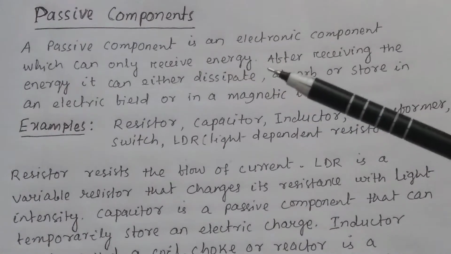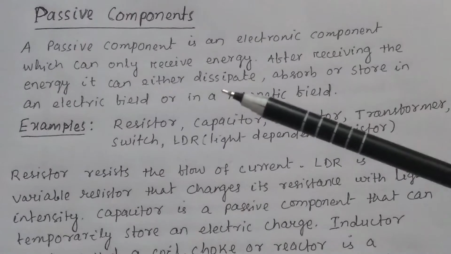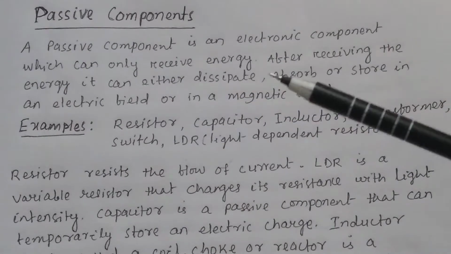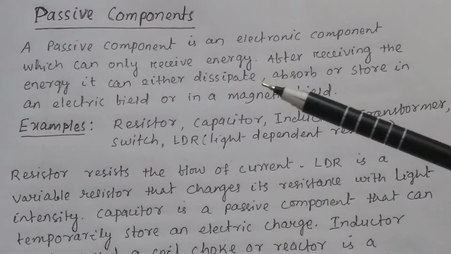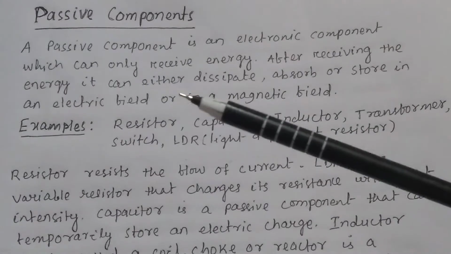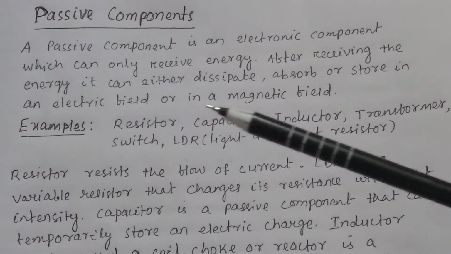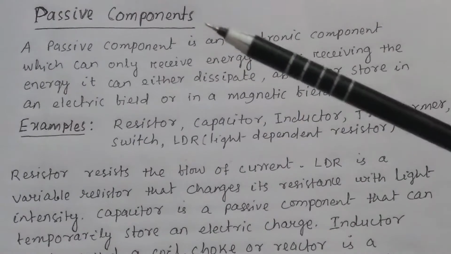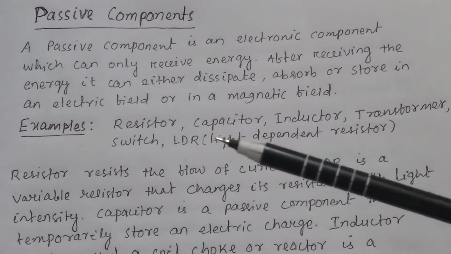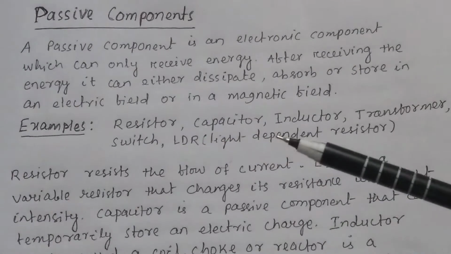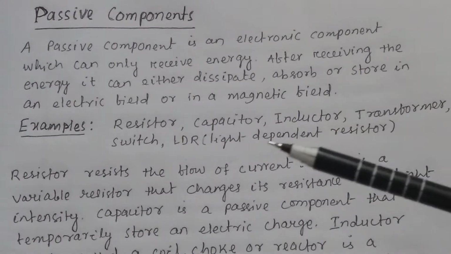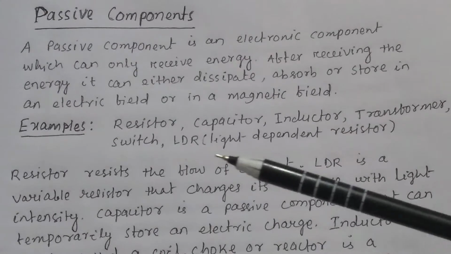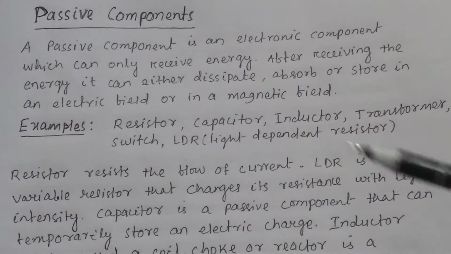After receiving the energy, it can either dissipate the energy, absorb the energy or store the energy, either in the form of an electric field or in the form of a magnetic field. Examples of passive components are resistors, capacitors, inductors, transformers, switches, LDR, that is the light dependent resistors.